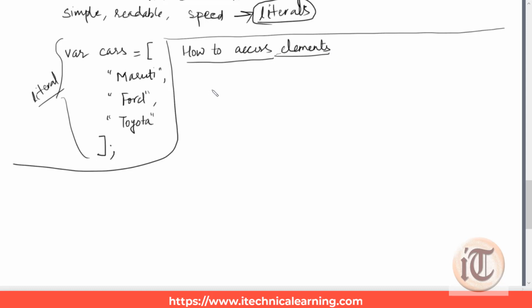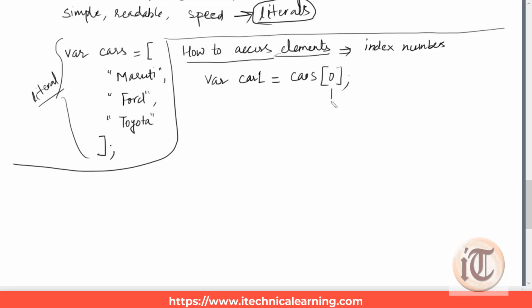So to access the elements, JavaScript uses index numbers. Okay, so suppose I have to access the first element of the cars array, so I'll write var car1 equals, then I'll write the array name, that is cars, and its first index.